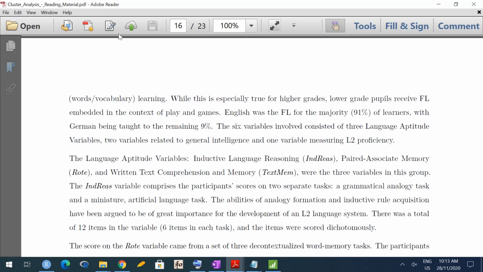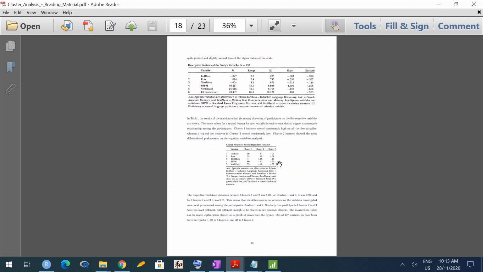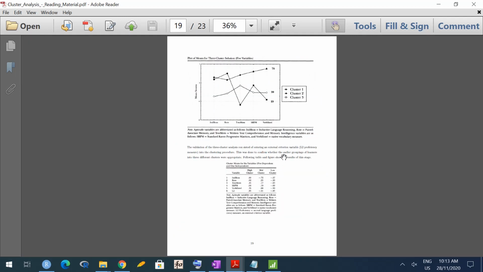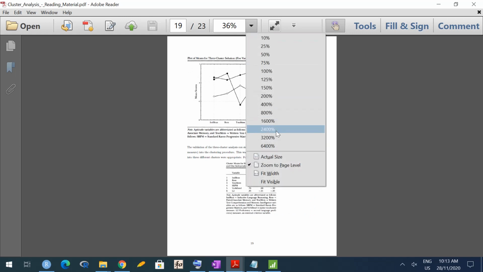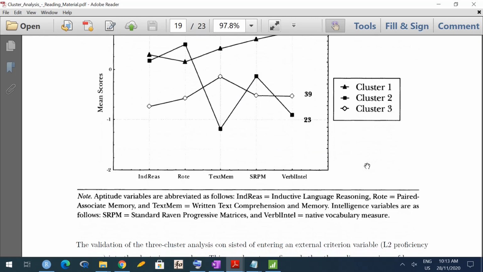Okay, so the results are actually interesting, and they have considered different groups. So let me show you the graph. This is an interesting graph. You can read the details when I share the document with you. So here the 5 aptitude variables are on the x-axis, and the clusters, cluster 1, cluster 2, cluster 3, are as per their language abilities.